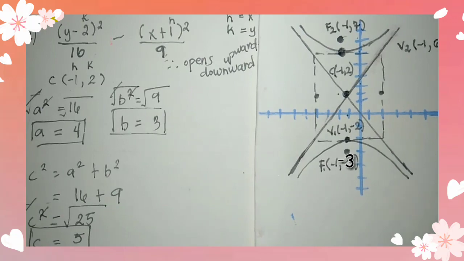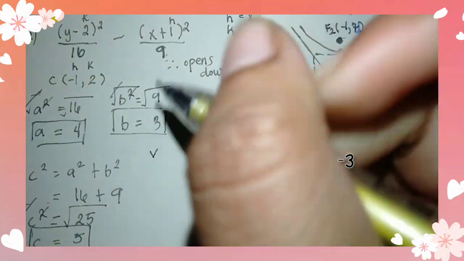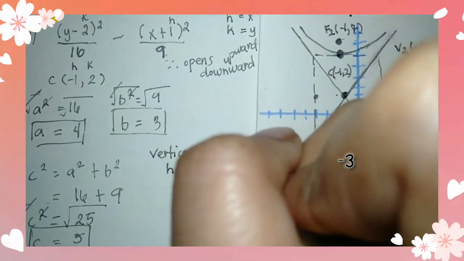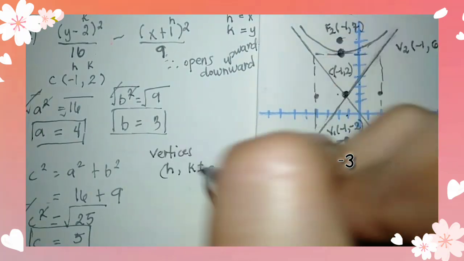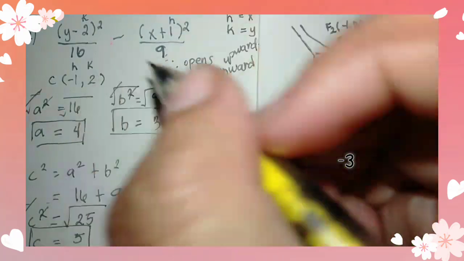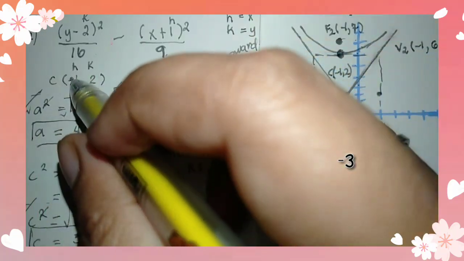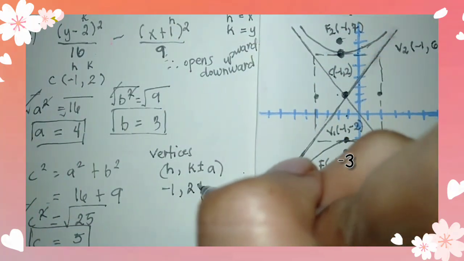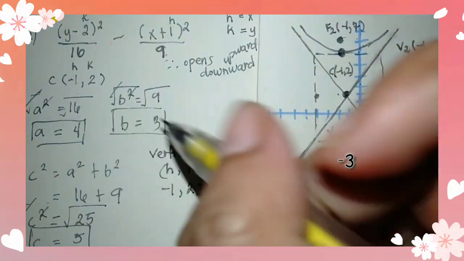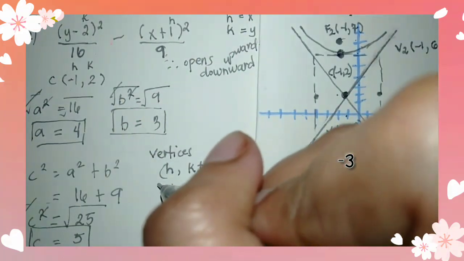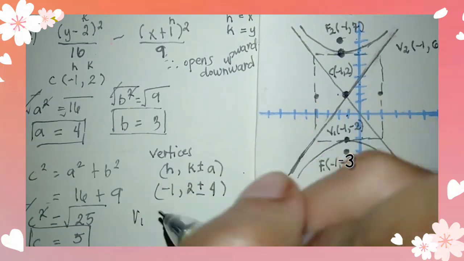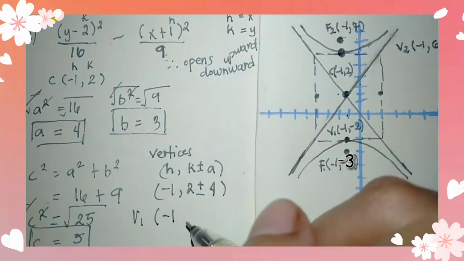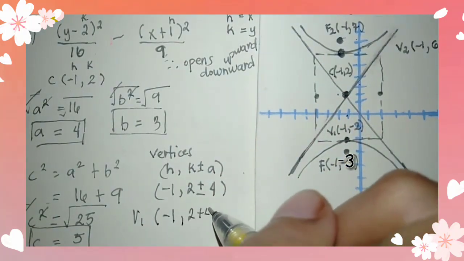So ang formula natin for vertices, h and k plus and minus a. So, ang ating h is negative 1. We have negative 1. And ang ating k is 2 plus and minus. A natin is 4. So, we have vertex 1, negative 1, 2 plus 4.